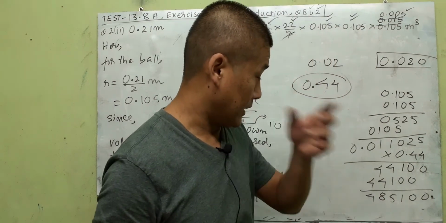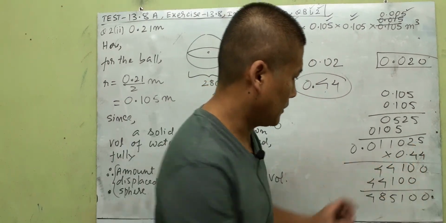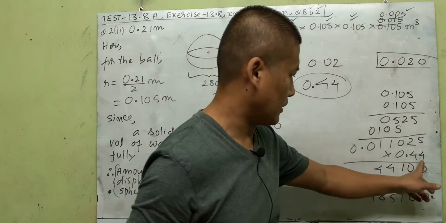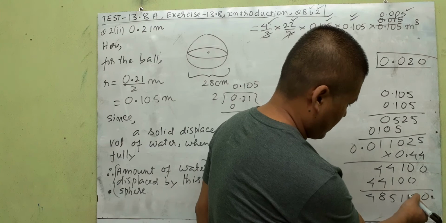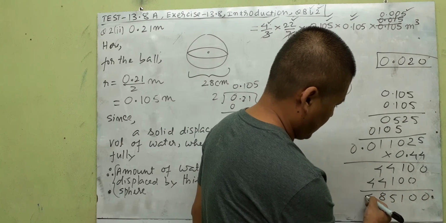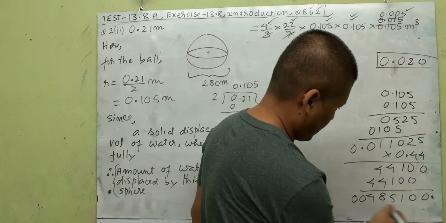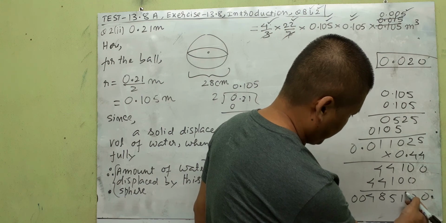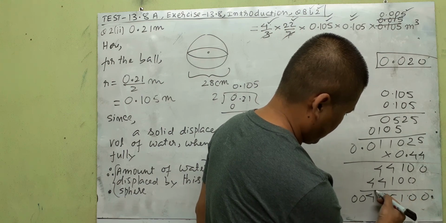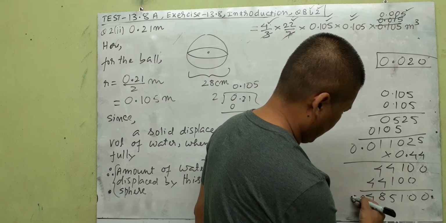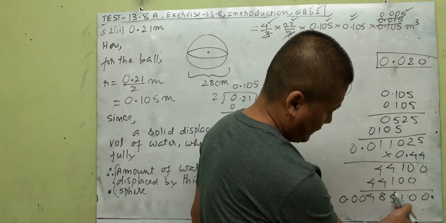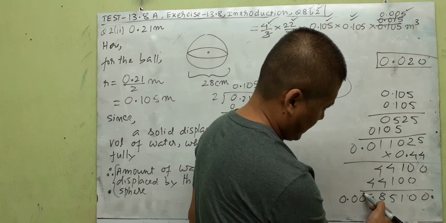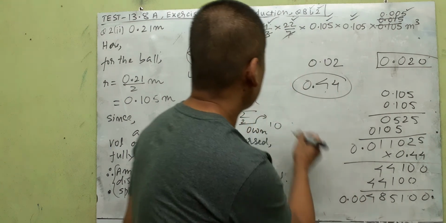Let's count the decimal places. 1, 2, 3, 4, 5, 6, 7, 8. So here we'll count once more. 1, 2, 3, 4, 5, 6, 7, and 8. So this is your answer.